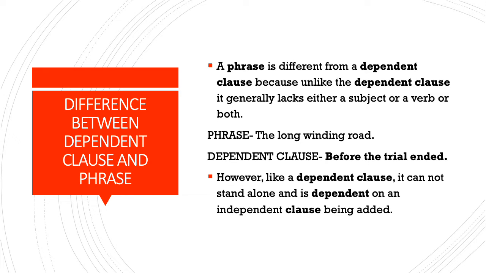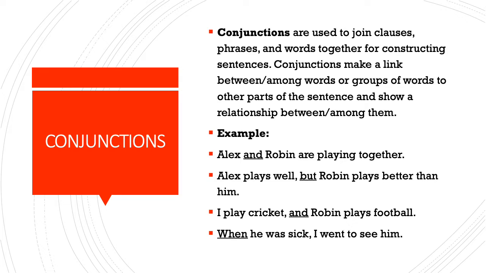No, the meaning is incomplete. So in both the phrase and the dependent clause the meaning is incomplete, but you will see that in the phrase we only have the subject road, but in the dependent clause we have both the subject trial and the verb ended. Correct? Understood? Right.